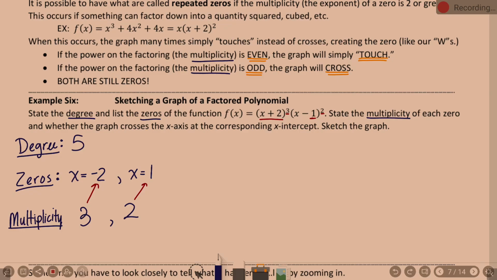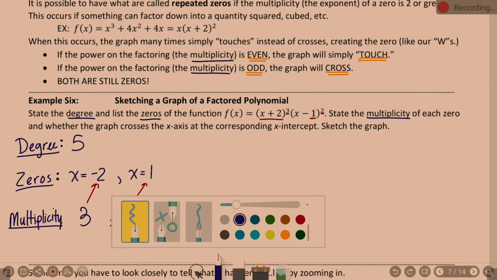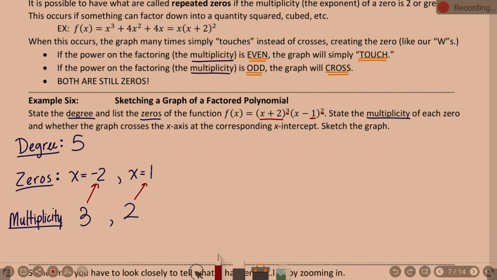Now it said state the multiplicity. We did that. And whether the graph crosses at the x-axis, I guess is how it's stated. So basically I want to know, is the graph going to cross or touch? What do we know about the number 3? It is odd, yes?